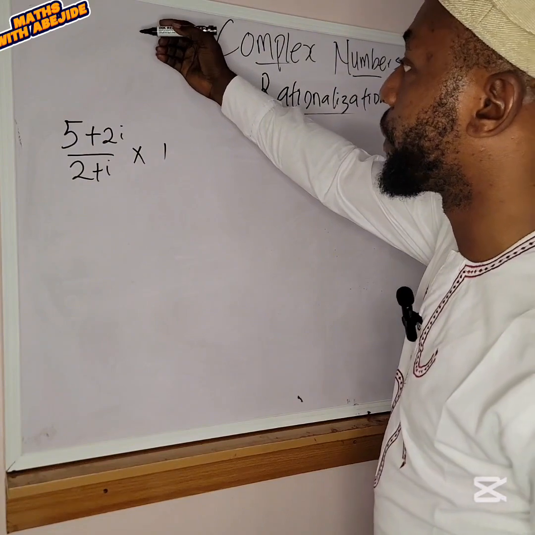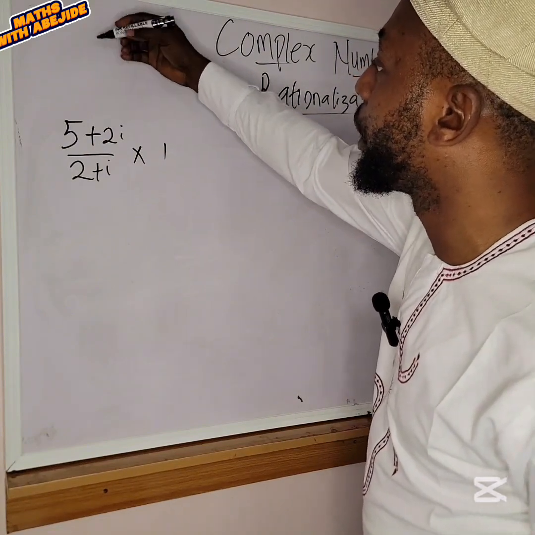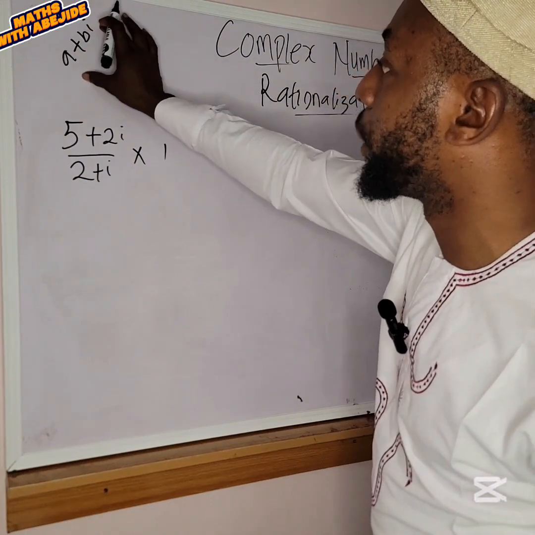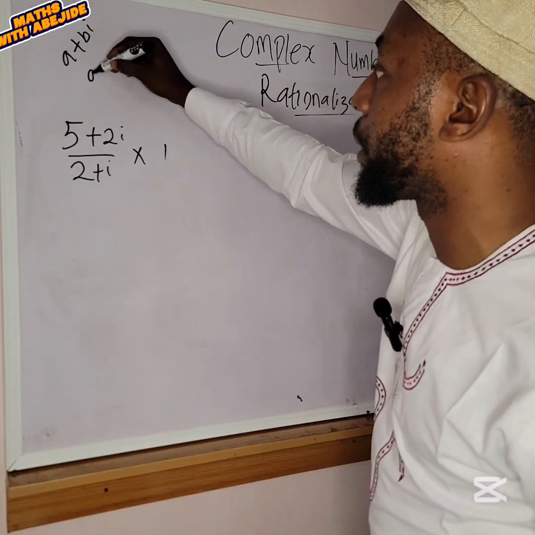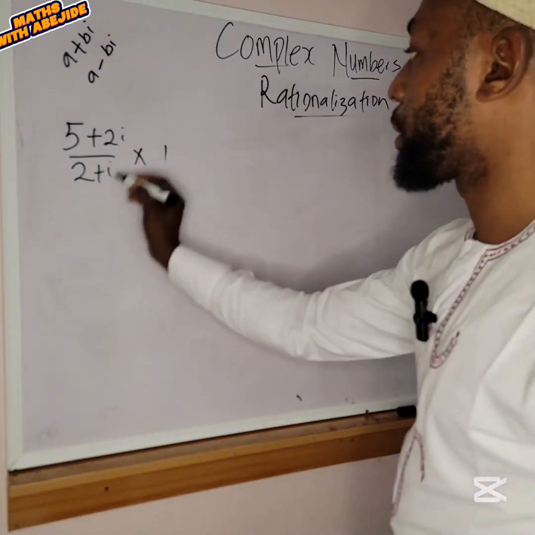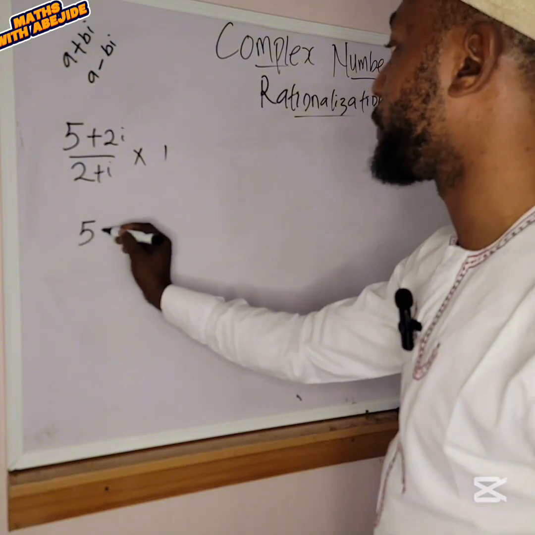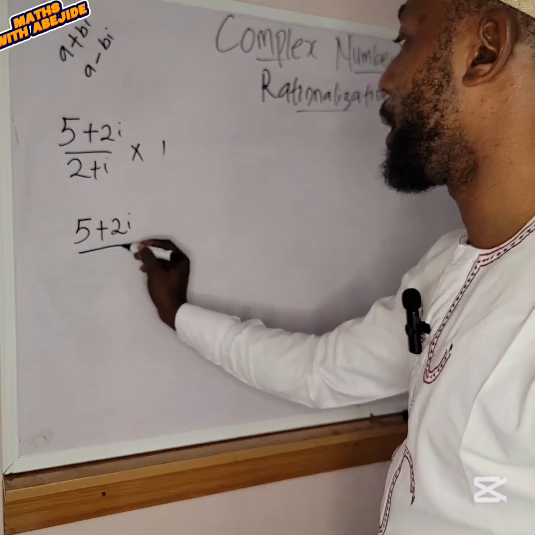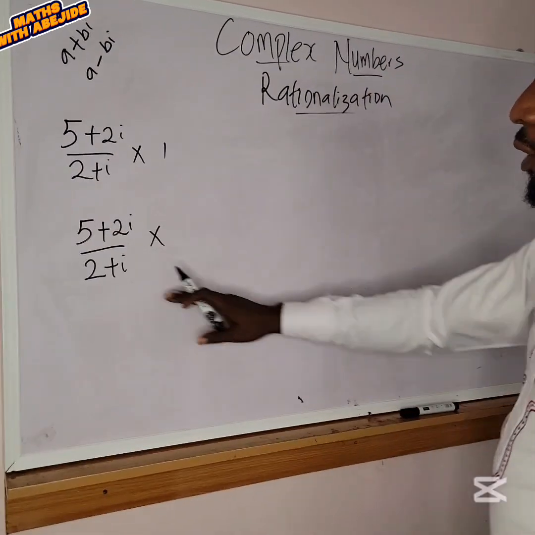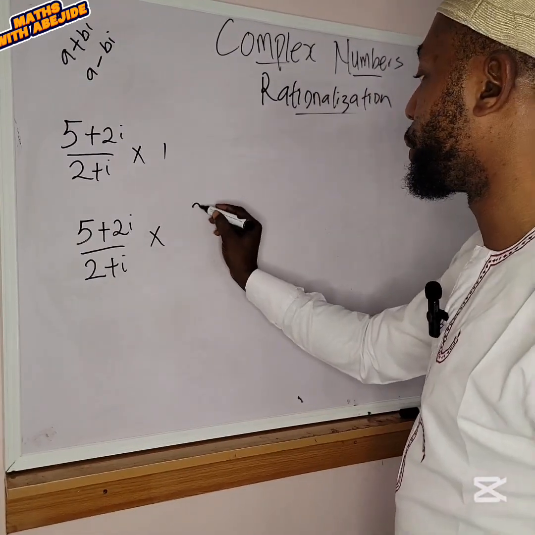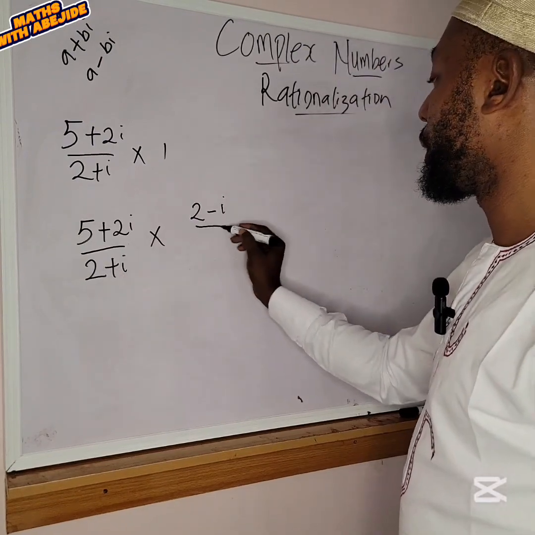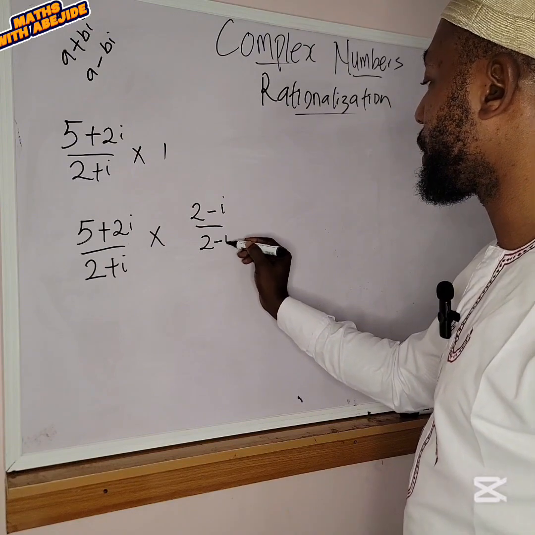Now, recall from our previous video that if we have a plus bi, the conjugate of this we can write as a minus bi. So this can now become 5 plus 2i divided by 2 plus i, multiplied by the conjugate of the denominator, which is 2 minus i, divided by 2 minus i.